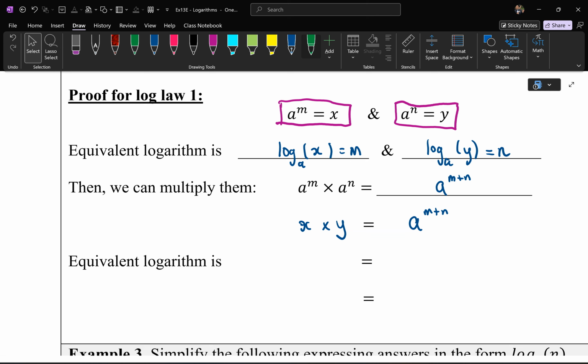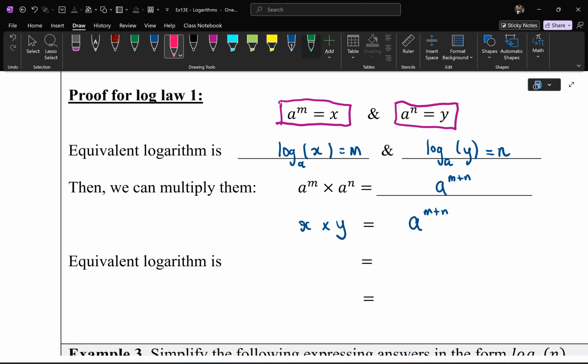Now from here, isn't this another exponential that you can rewrite as a logarithm? A to the power of something equals xy. So if you do what I just showed you, what's the equivalent log expression? So you can see it again.